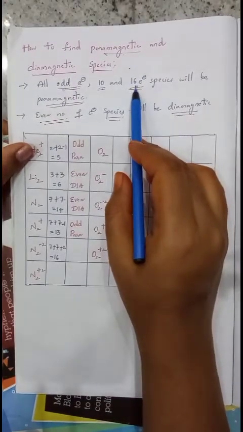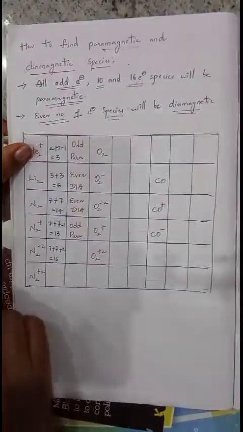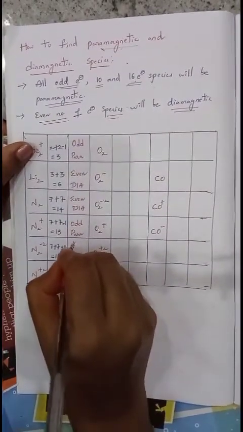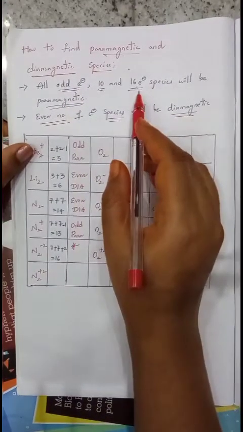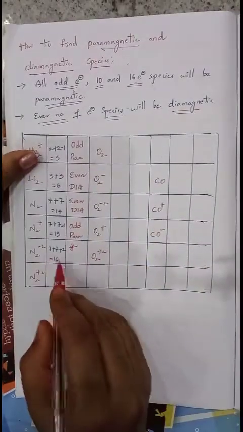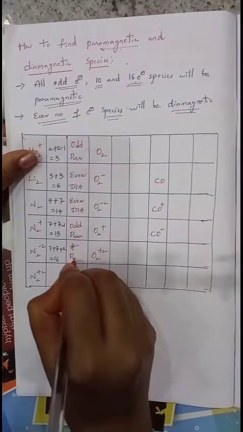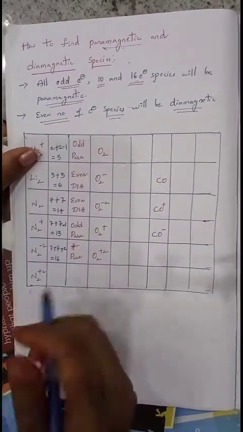If 16 electrons are present in a molecule, then that species is said to be paramagnetic. This is very, very important. Don't consider it as an even number. There is an exceptional case for 10 electrons and 16 electrons. Now this molecule has 16 electrons, so we have to consider it as para. That is an exceptional case.